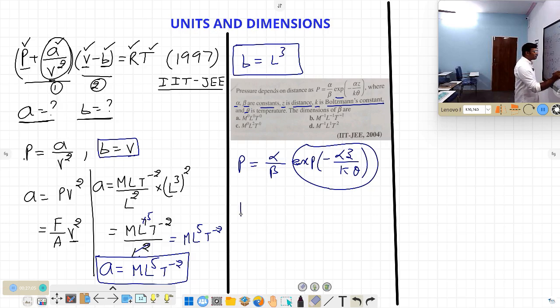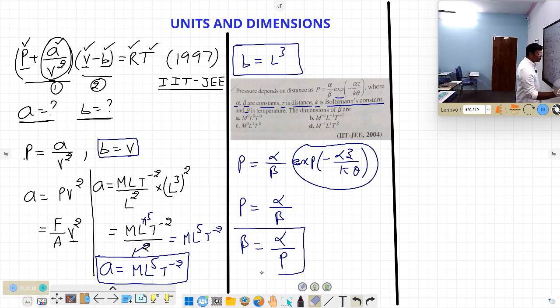So I can write simply P is equal to alpha by beta. To get the beta value, beta is equal to alpha by pressure. So you need to find the alpha value. Here in the question, alpha is also a constant, but P is pressure. We can find the dimension formula for P, but alpha is a constant, and they did not give the alpha value in the question.